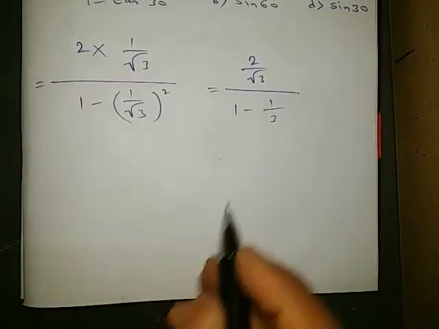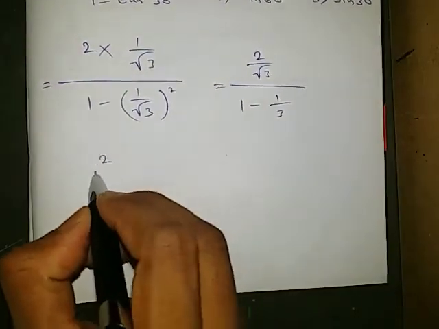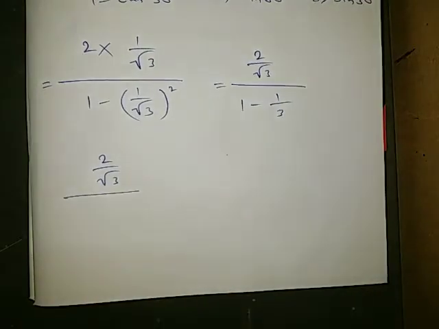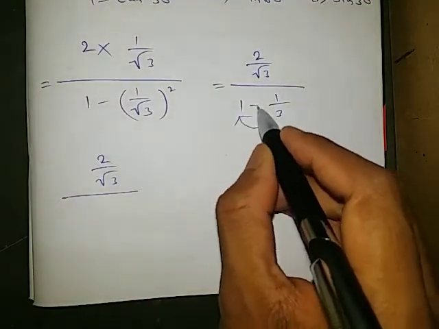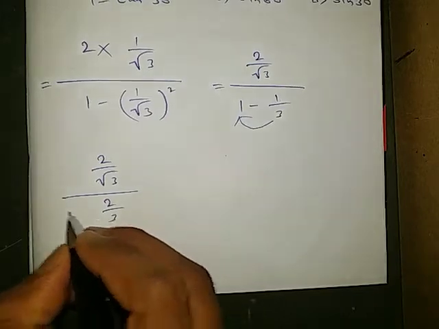Now this total numerator I am writing as it is, that is 2 by root 3, whole divided by 3 minus 1 by 3, that is 2 by 3.